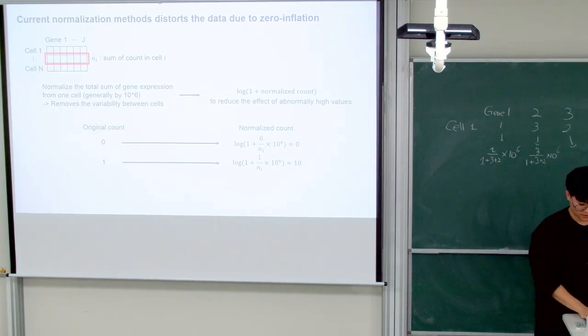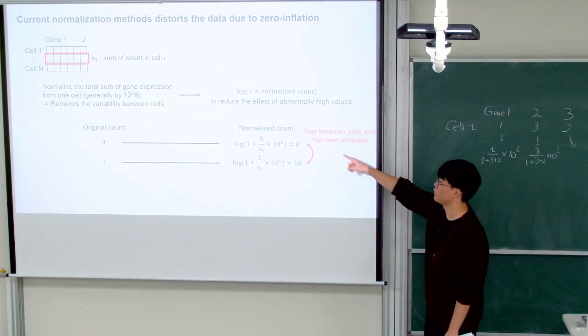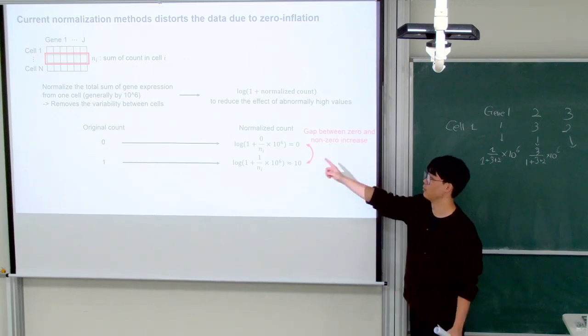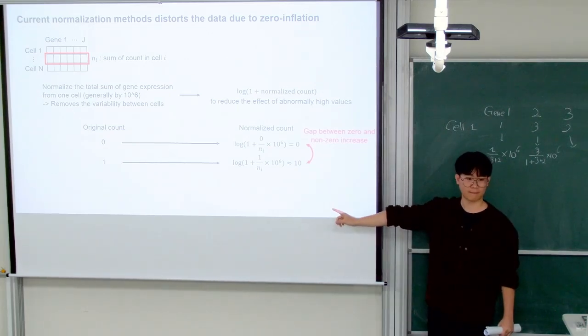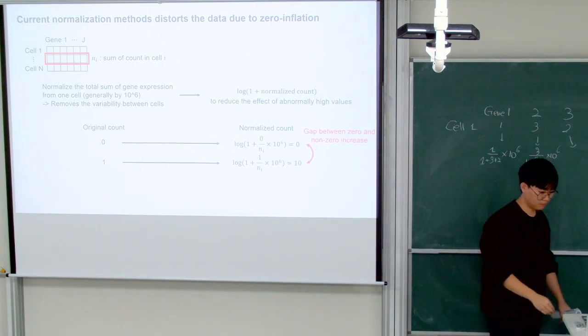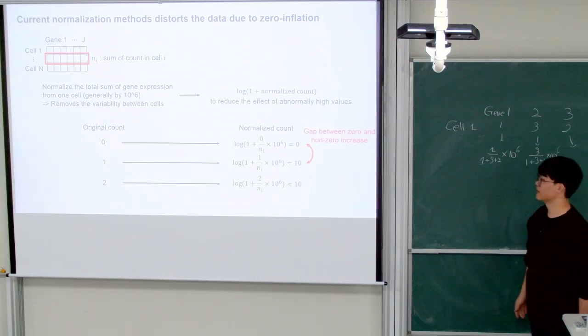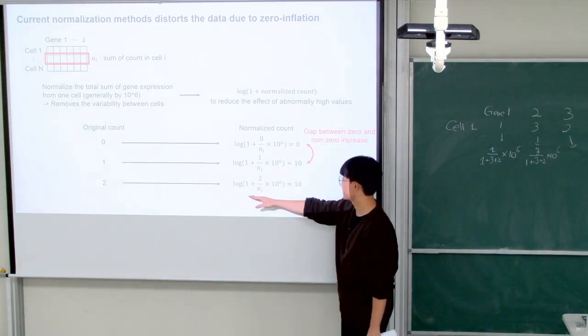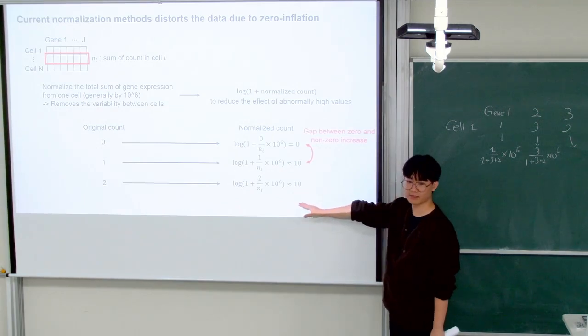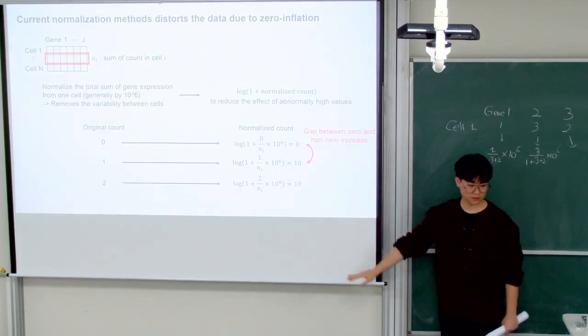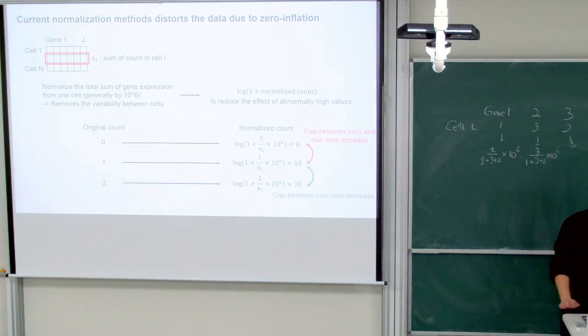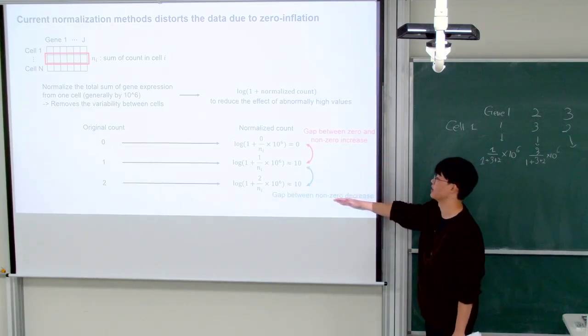So the gap between 0 and non-zero increases from 1 to 10. But when the original count was 2, this value also has a scale of about 10, which means the gap between non-zero values is decreased.